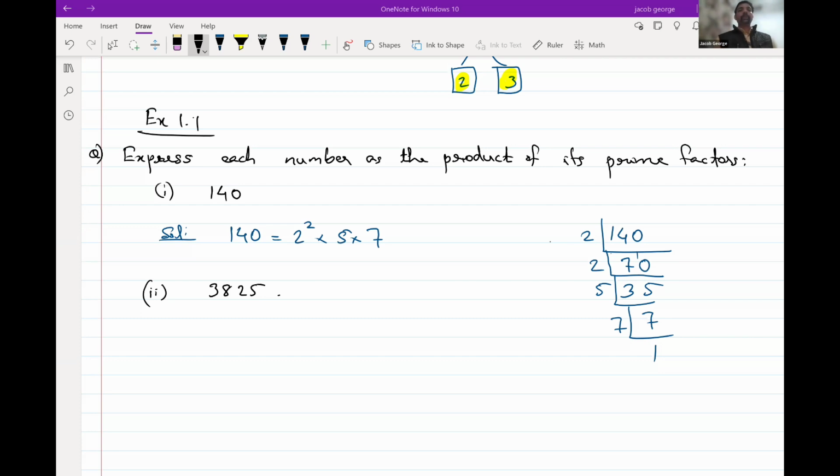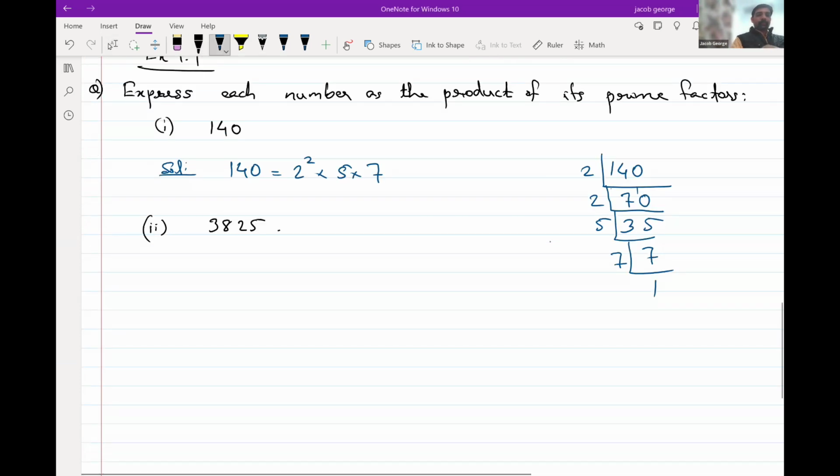So did you finish this one? So 3825 is divisible by 5.